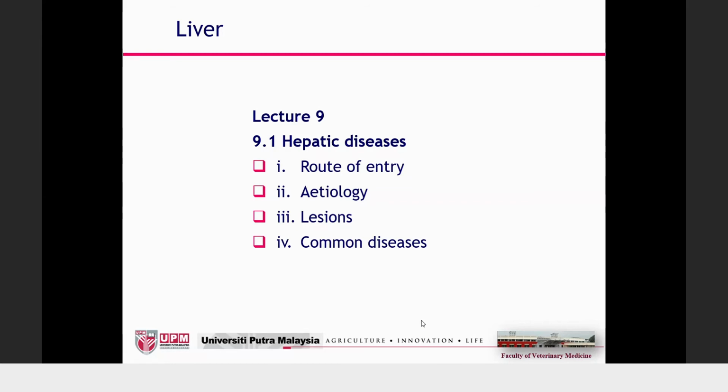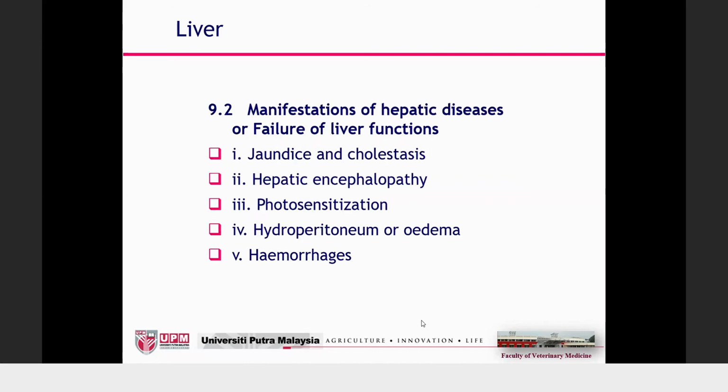Again, whether it is primary or secondary liver diseases. These are the clinical signs, or we can look at the manifestations of hepatic diseases as a result of failure of liver function. Many of us are familiar with jaundice, prehepatic, hepatic, and posthepatic jaundice, cholestasis.